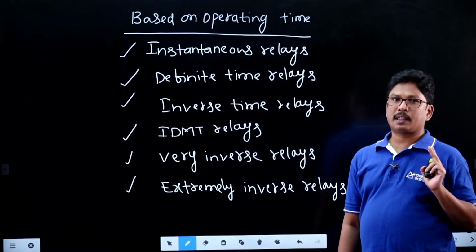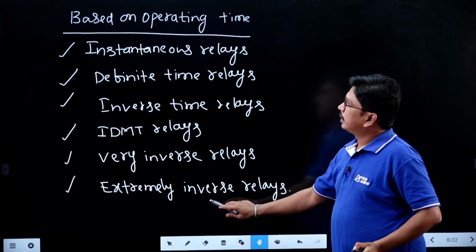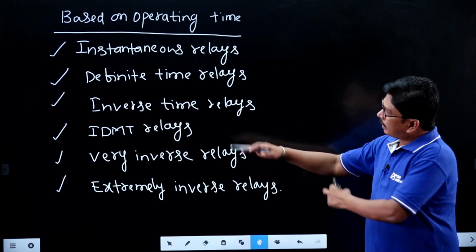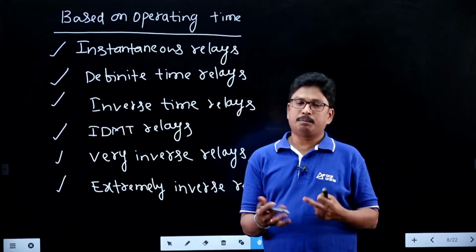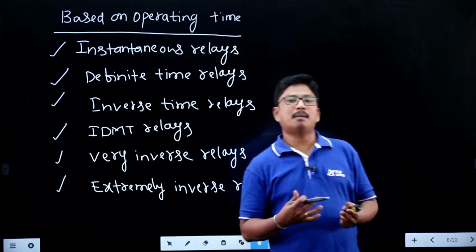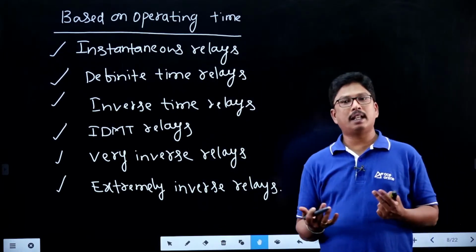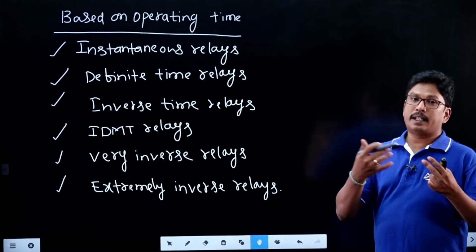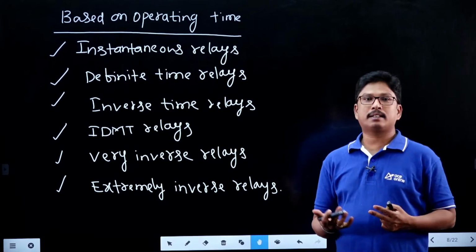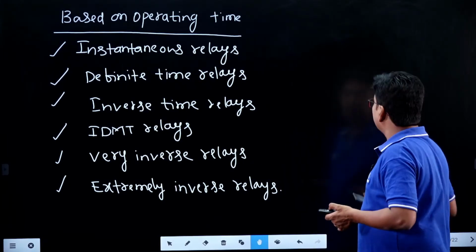Now, students, after this classification, we are having one more classification also based on the application. So based on the application, we are having over current relays, over voltage relays, over speed relays, like that we are having different types of applications. And the directional relays, the distance relays, and the differential relays are the next category of the relays.